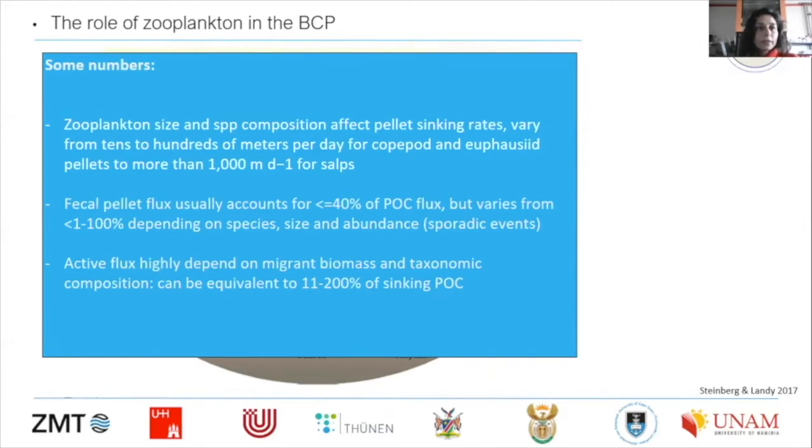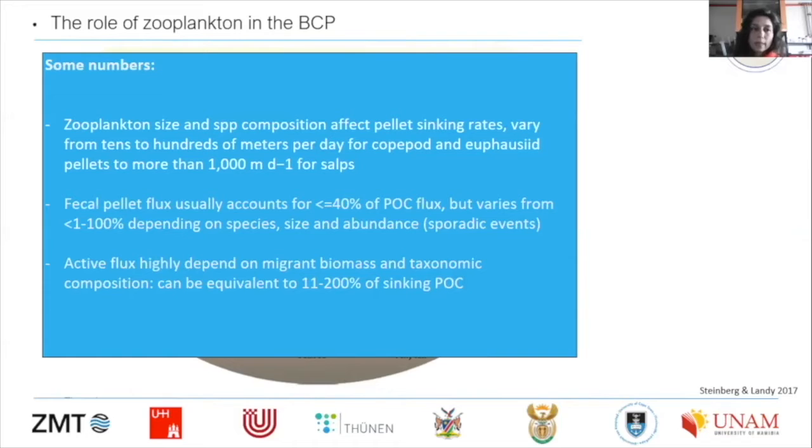Just to have some numbers here, the zooplankton size and the species composition affect the pellet sinking rates. So they vary from tens to hundreds of meters per day for a copepod or a euphausiid pellet to more than 100 meters per day for different subspecies.